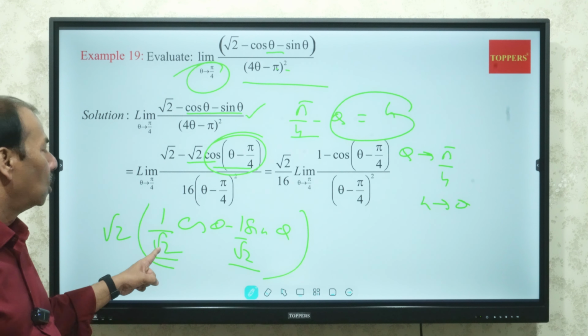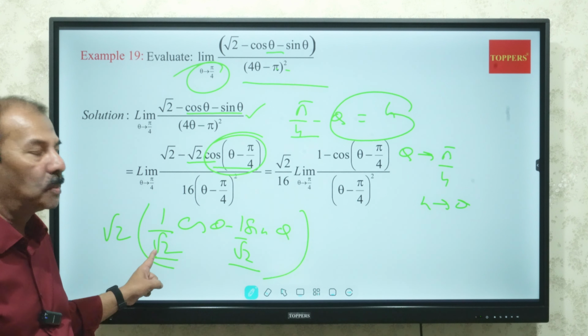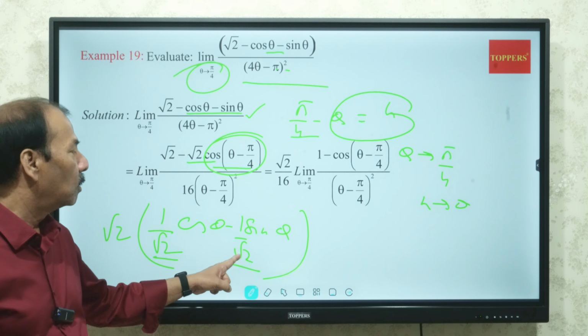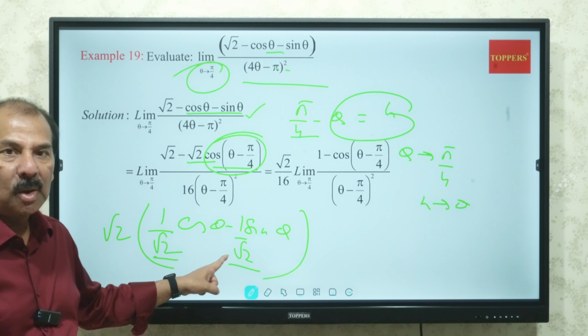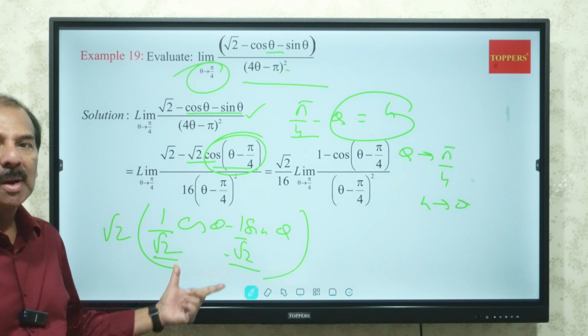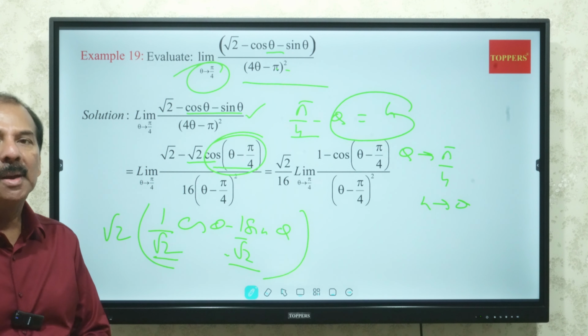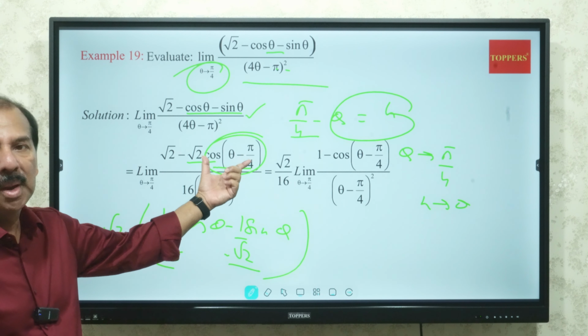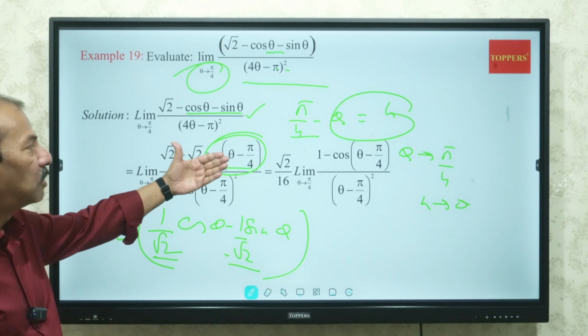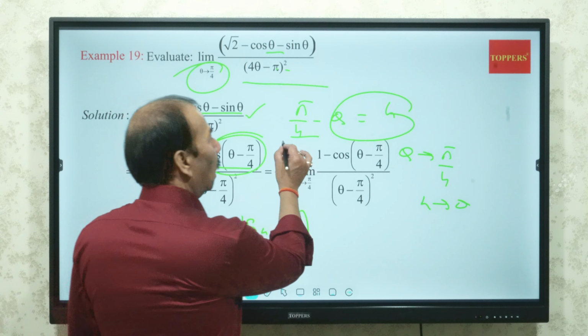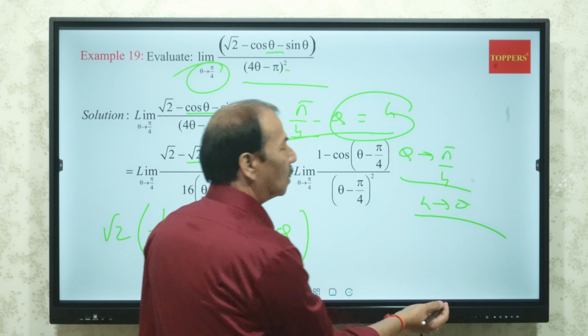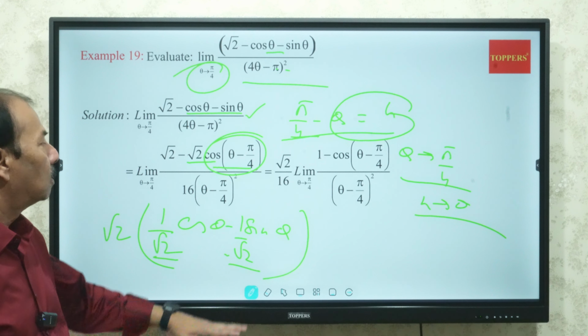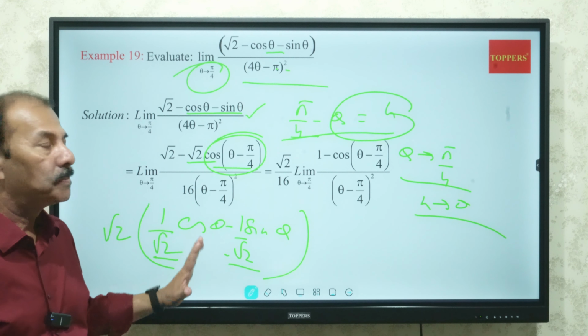This 1 by root 2 you can take as cos pi by 4 or sin pi by 4. Using this concept, use the relation cos a minus b or sin a minus b, simplify, and you will be able to get this relation. So either you go for this, or you have all these steps simultaneously, and finally we will get the same thing.